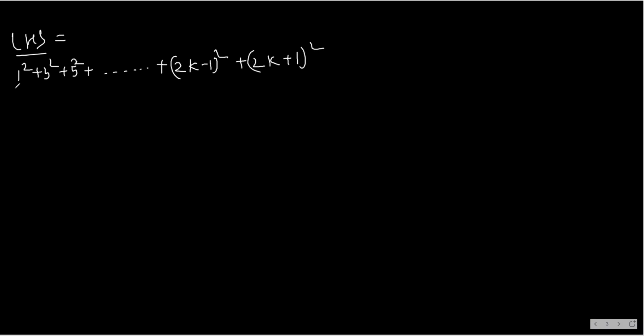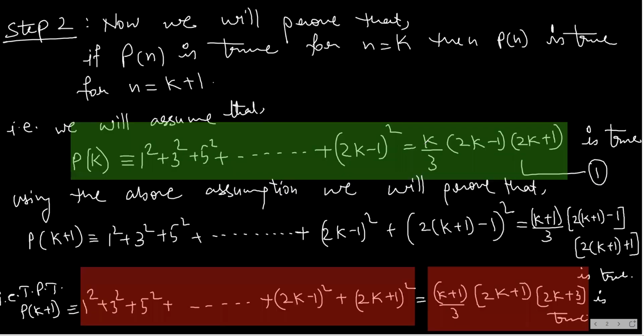Now see, this much has been assumed by us to be equal to k by 3, 2k minus 1, 2k plus 1.